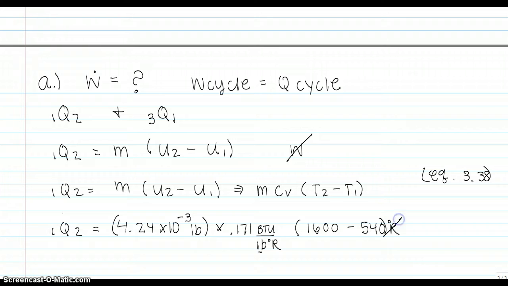Our degrees Rankine cancel, our pounds cancel, and we're left with BTUs. So that is equal to 0.769 BTU. Star Q from 1 to 2 because we're going to come back to it.